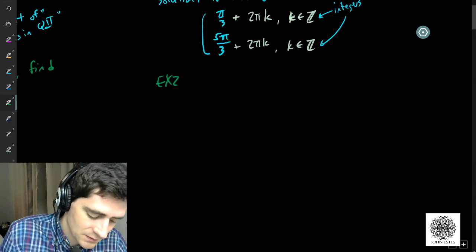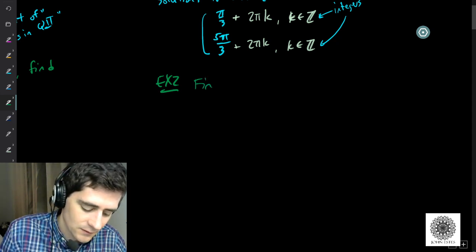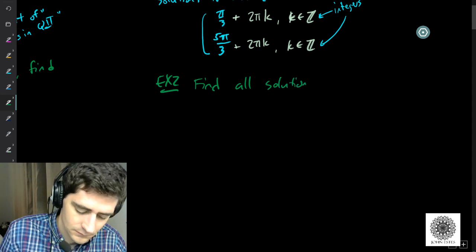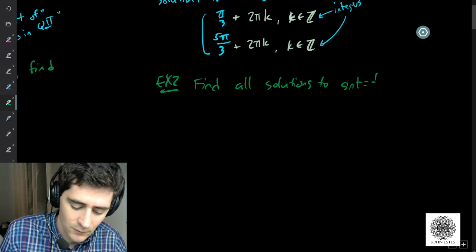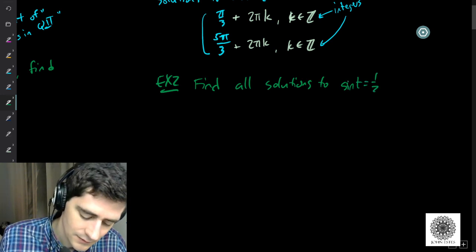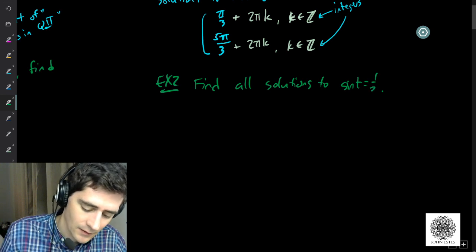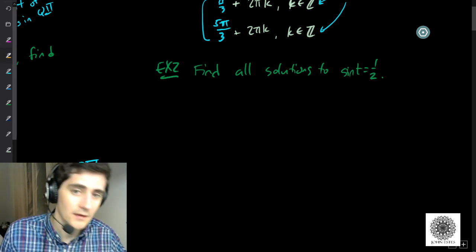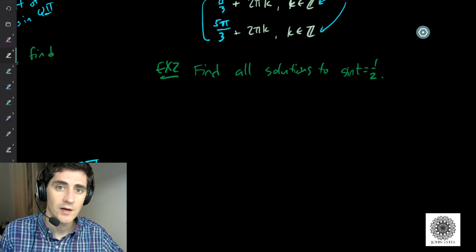So this is example 2, and here I want to find all solutions to sine t equals 1/2. Okay, so the first thing, think within 2 pi, what quadrants would give me a positive sine value.